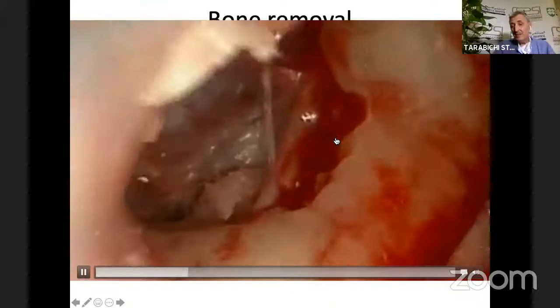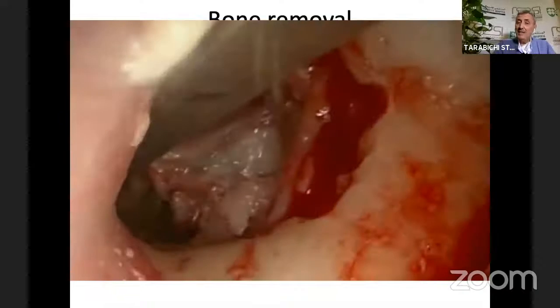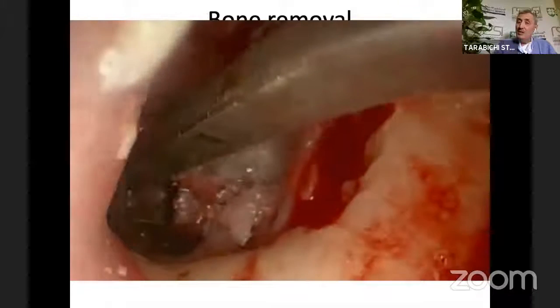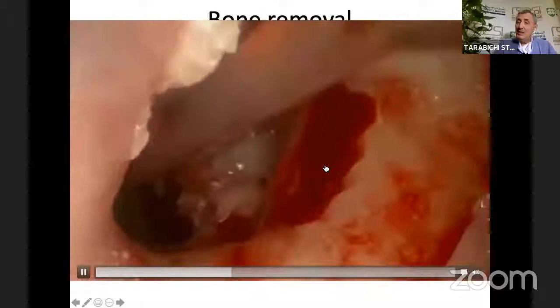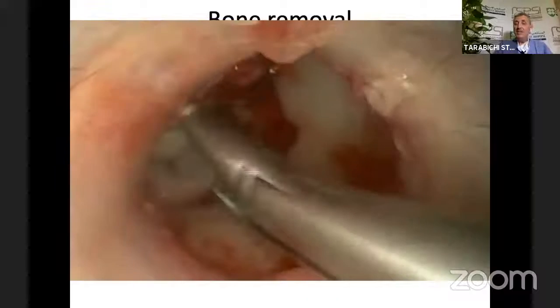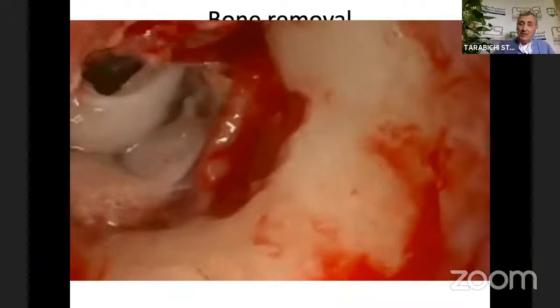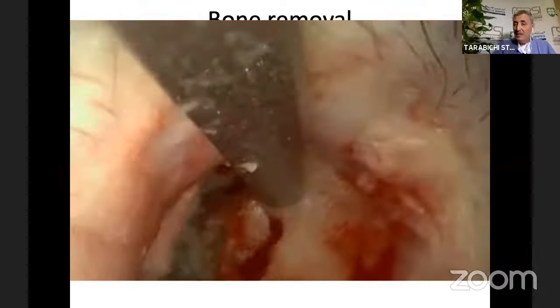The other advantage, which is more important than the chorda, is the fact that when you do this, it really preserves the sac. So basically, you take out the bone without really cutting into the sac. But if you're using a curette, you end up basically removing the sac with your curette.